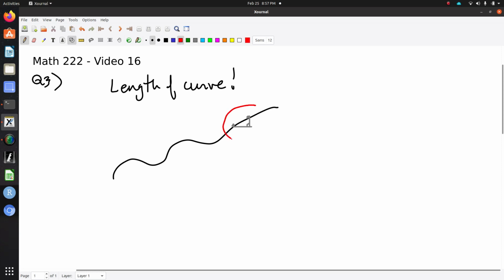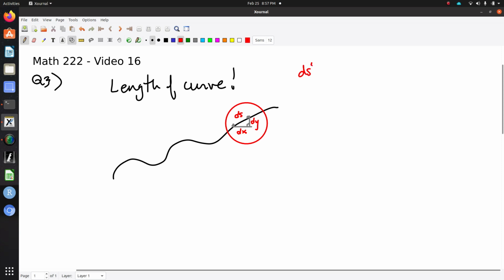Any piece of curve as you zoom in is going to look like a straight line. So what does that mean? I'm looking for ds, which is the change in the length of the curve. And this little piece down here would be dx, and this little piece would be dy. So what do we know?